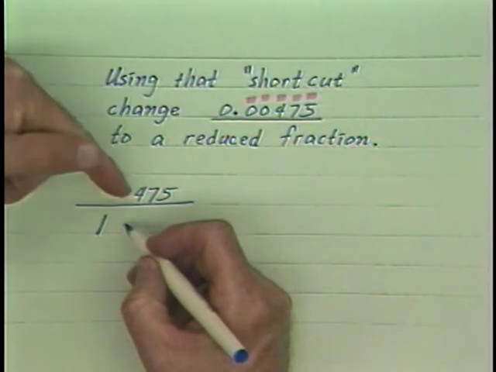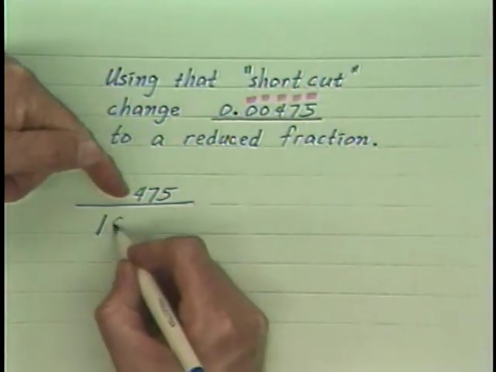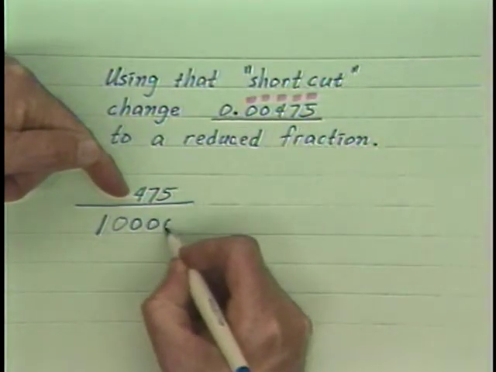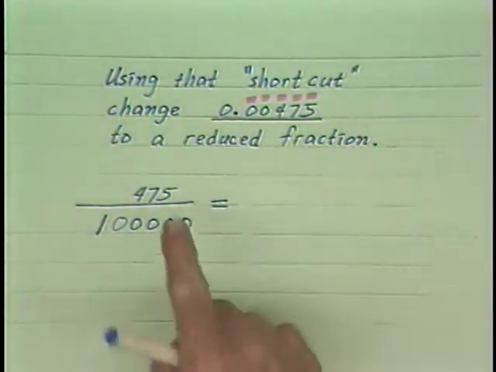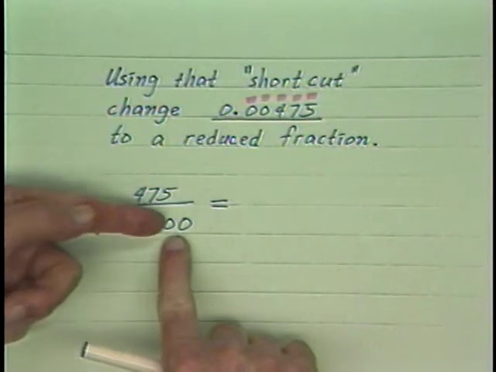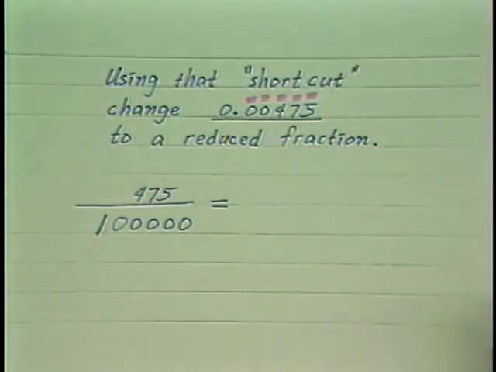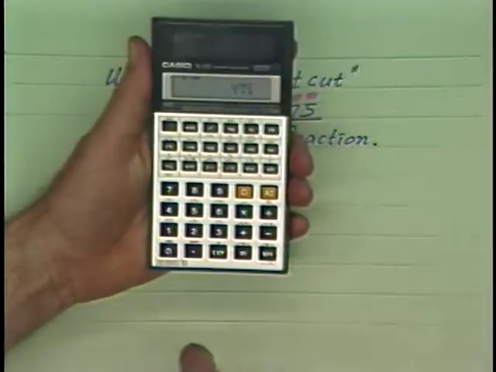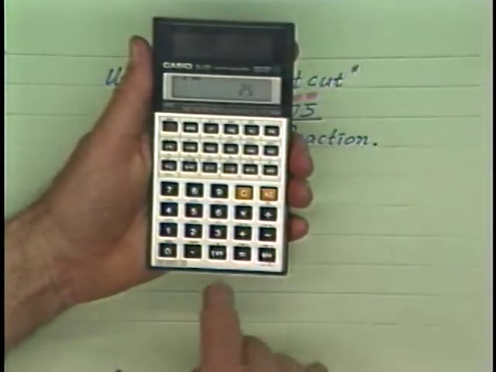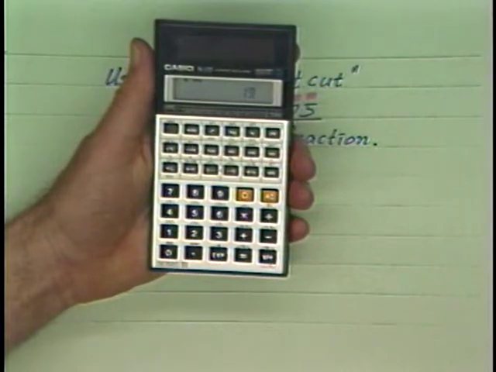So we append 5 zeros. And then reduce. In this case, we can see that both top and bottom are divisible by 25. So if we wish, calculator, 475 divided by 25 is 19.